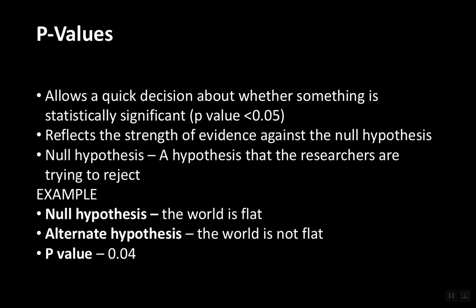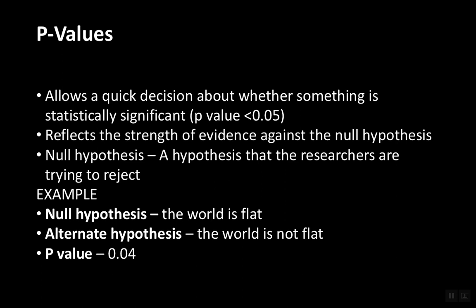So keep in mind these two things are always opposites. Your regular hypothesis, sometimes referred to as the alternate hypothesis, and then you have your null hypothesis. They're always opposite.